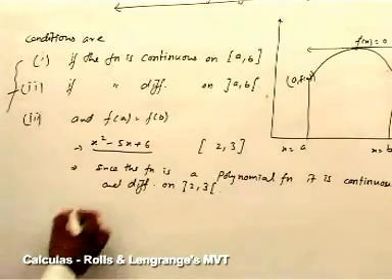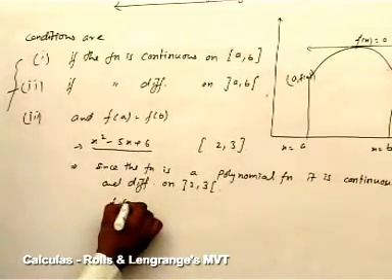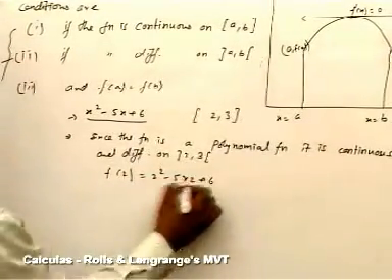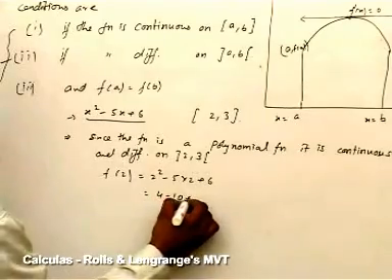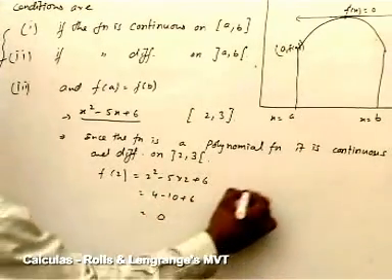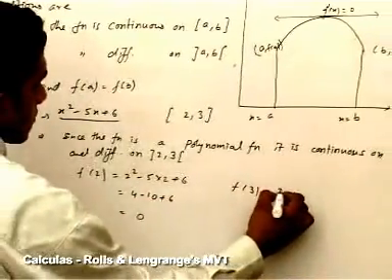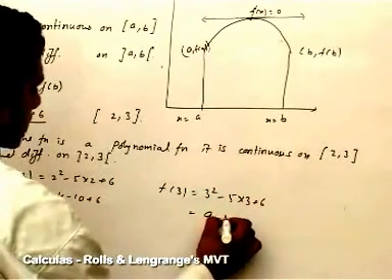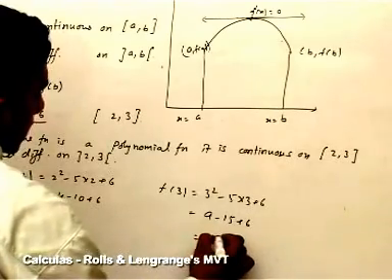Now f(2) is 2 square minus 5 into 2 plus 6, 4 minus 10 plus 6, that is 0. f(3) is 3 square minus 5 into 3 plus 6, 9 minus 15 plus 6, that is 0.